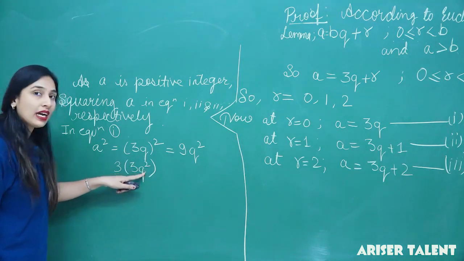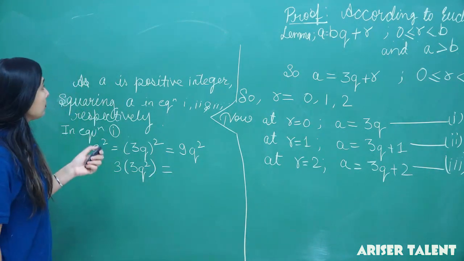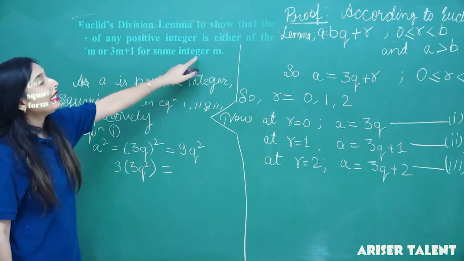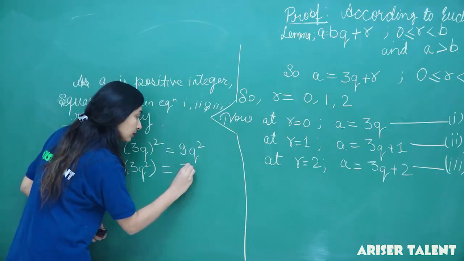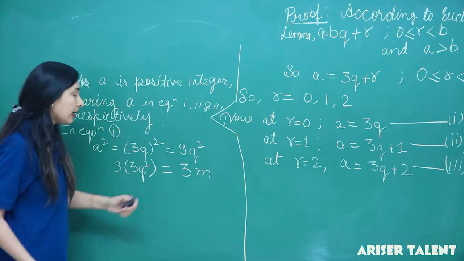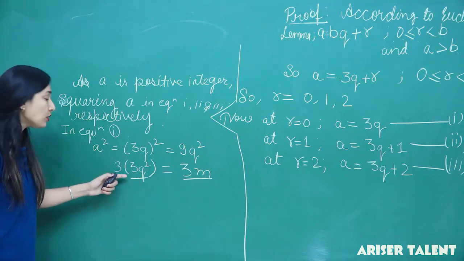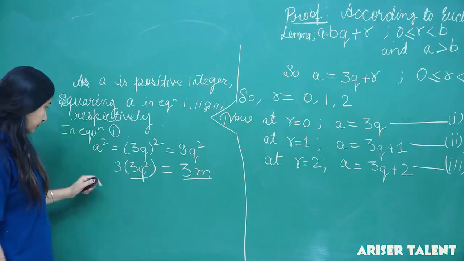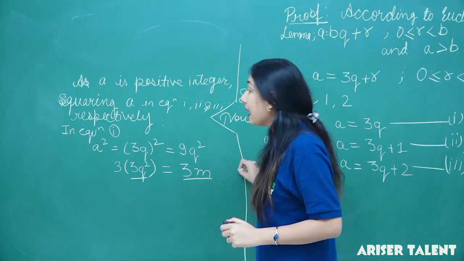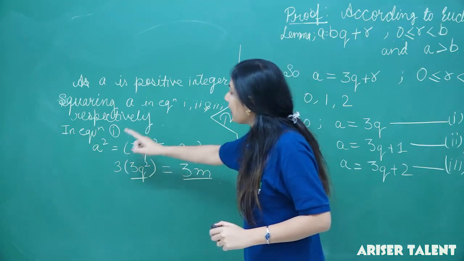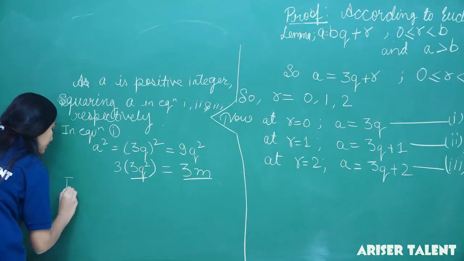So, 3q square is also a positive integer, for some integer m. So, we will write m in place of 3q square. Why? Because 3q square is a positive integer. So, this is 3m, what we get by squaring A. Okay.